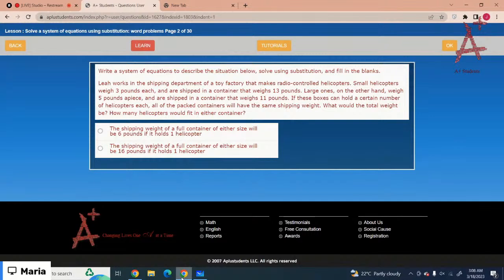So first we have to write down the equations. Small helicopters weigh 3 pounds and are shipped in a container that weighs 13 pounds.